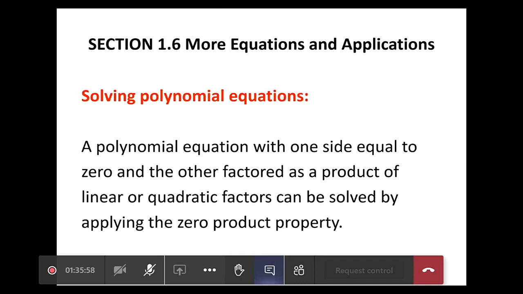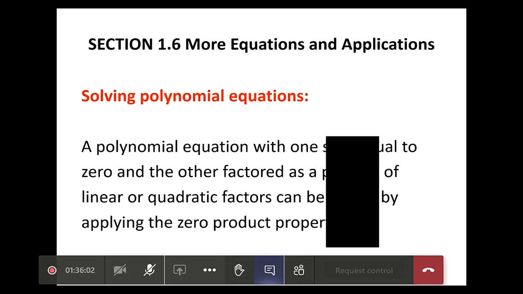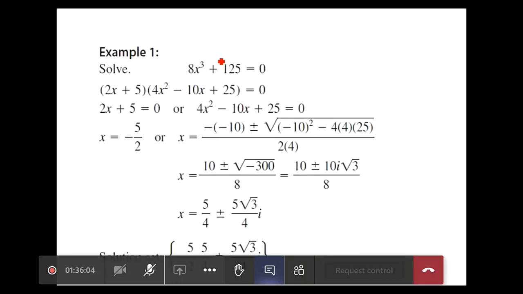Now we have many polynomial equations like this. So if we need to find the solutions for this polynomial equation to the power 3, we can solve it in many ways. One of these ways is the factorization of this equation.